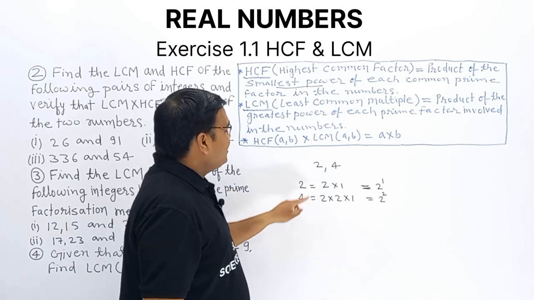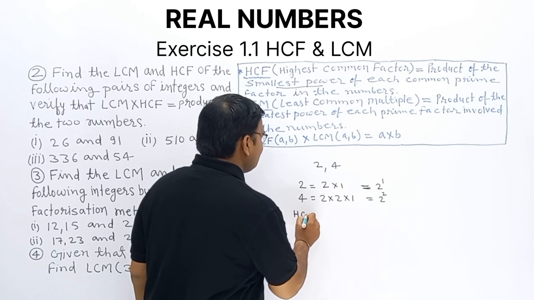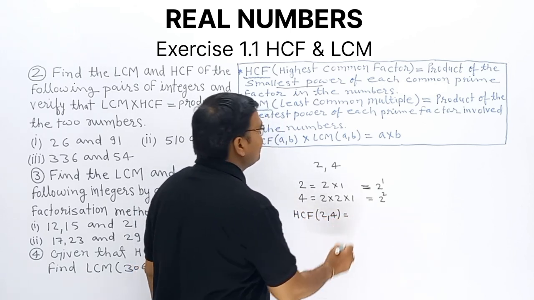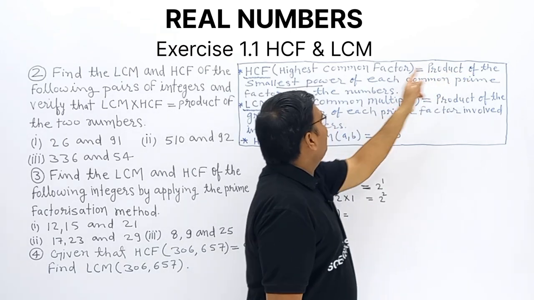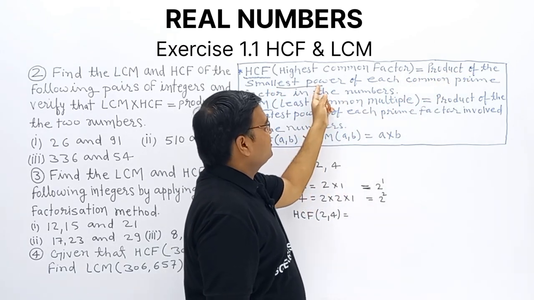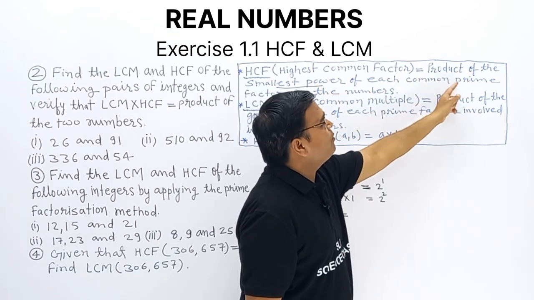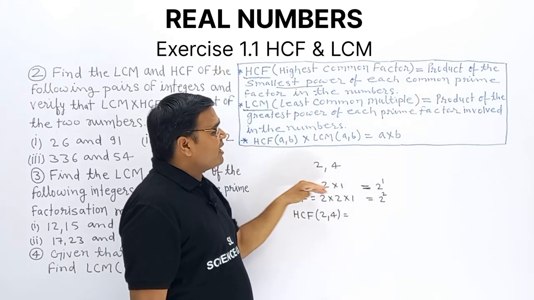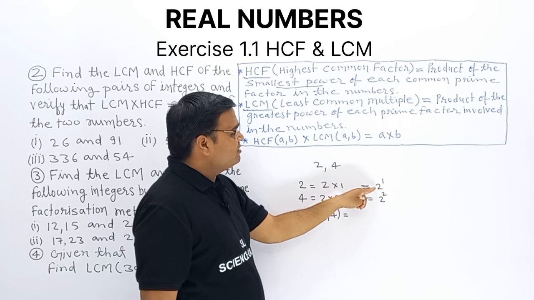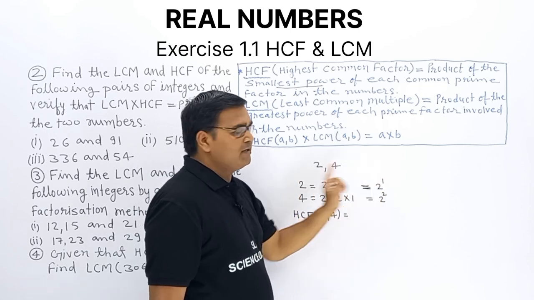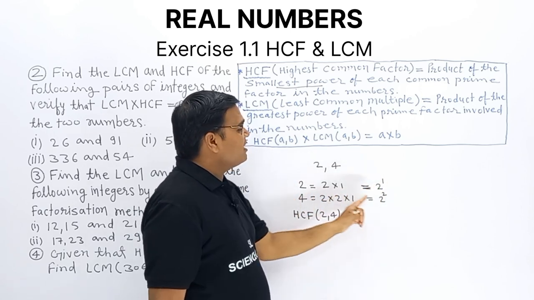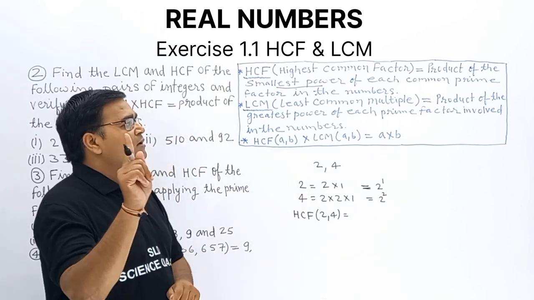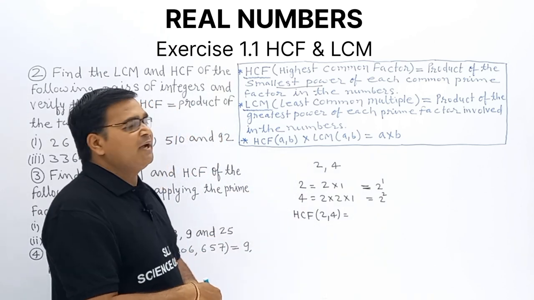So the HCF of 2 and 4 will be the product of the smallest power of each common prime factor. After the prime factorization, we have 2 power 1 in one number and 2 power 2 in the other. In both we have only 2 as a common factor.